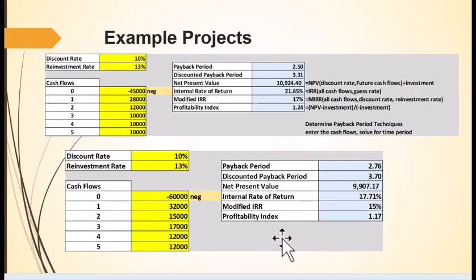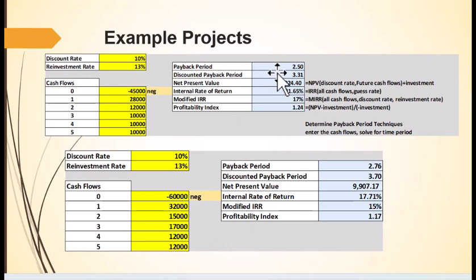So we're going to look at a couple of projects here. And as you can see, we have two projects. They both have the same discount rates. We'll talk about reinvestment rate later. In later videos, we'll talk about how we determine cash flows. But for this, let's just assume that we've gone through that process and we have forecasted the cash flows moving forward.